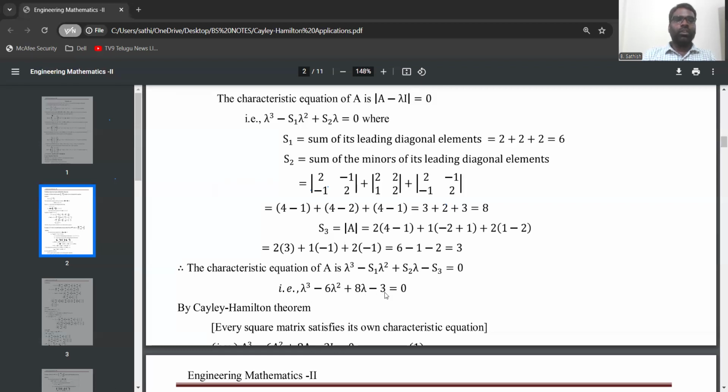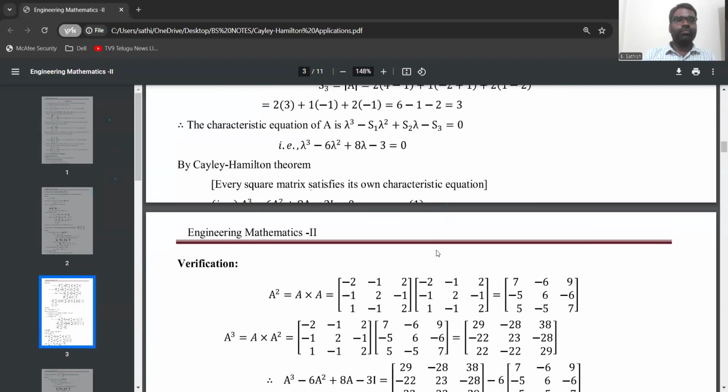There is another way to calculate the characteristic equation, in place of A minus lambda I, using the characteristic equation directly. So there is another way also. If possible, we'll discuss it later.